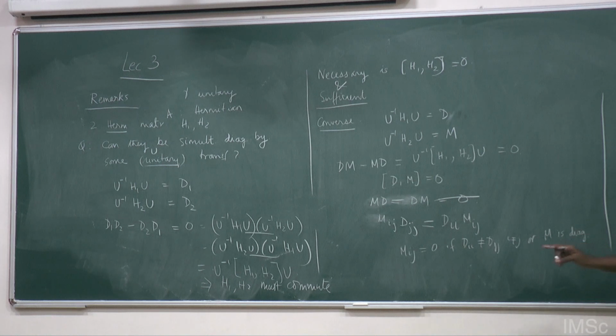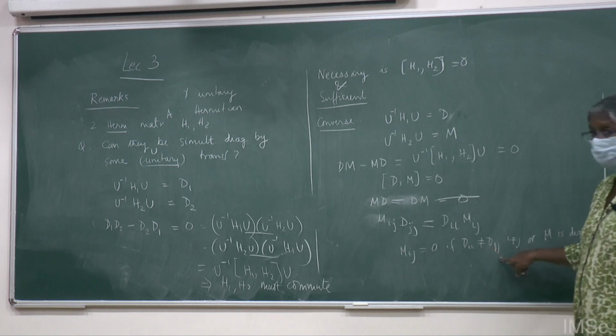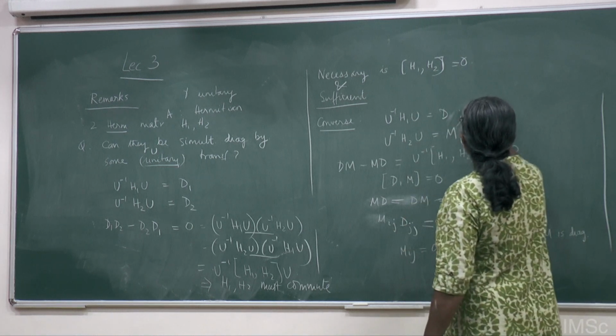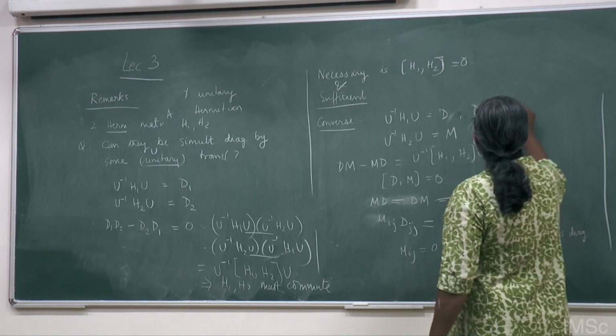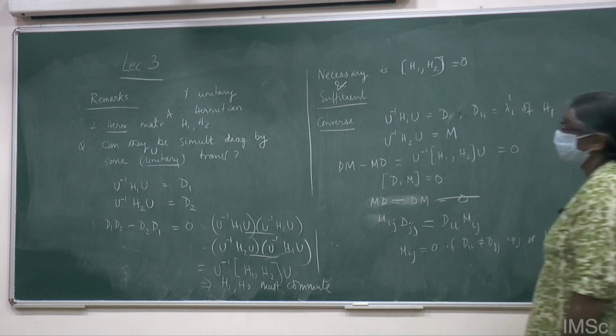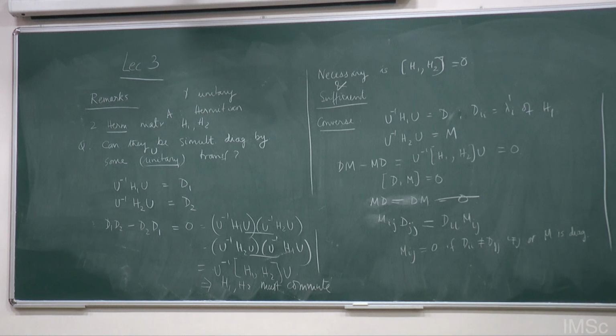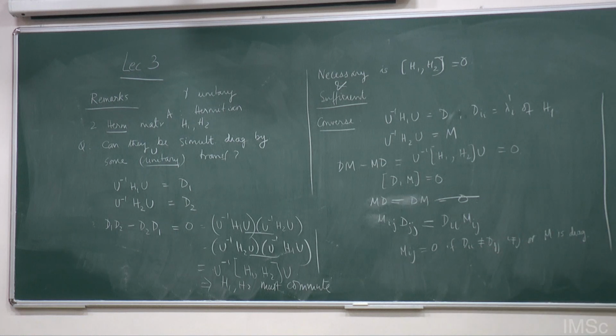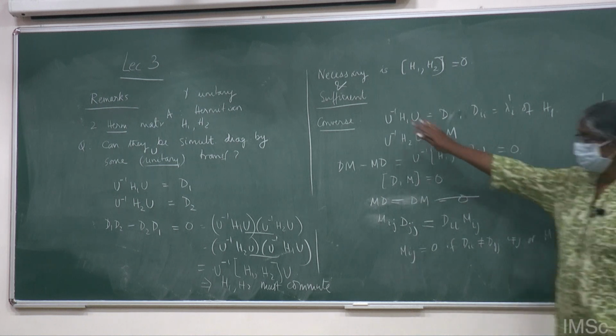So if all the eigenvalues, what is dii? dii is equal to lambda i of h1, lambda 1 i, maybe I can call it, of h1. So if all the eigenvalues are distinct, then dii is not equal to djj, then definitely m is diagonal and you have your sufficient condition.